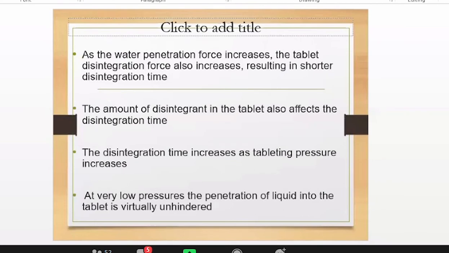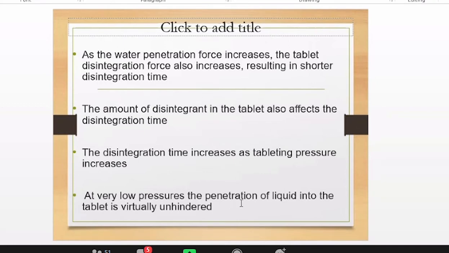Okay, so as the water penetration force increases, the tablet disintegration force also increases, resulting in shorter disintegration time. So the amount of disintegrant in the tablet also affects the disintegration. We've talked about this. If you increase tablet pressure, you increase the disintegration time.